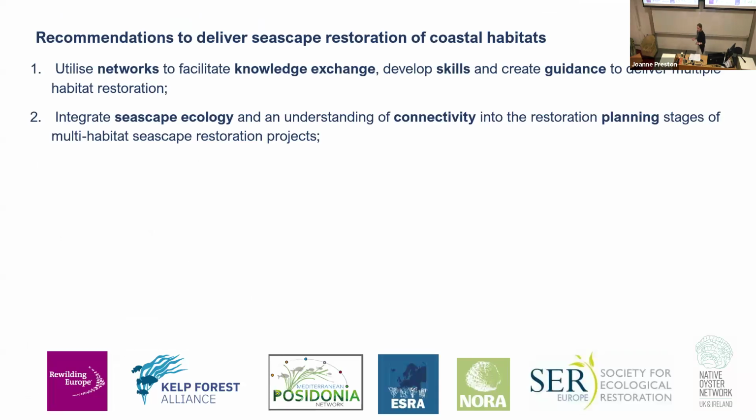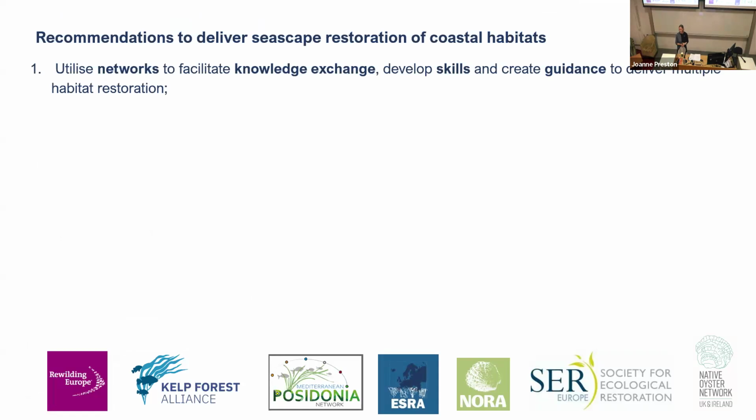So then, what does this mean in practicality? We did a suite of 7 recommendations to help deliver seascape restoration of coastal habitats. Because what I would say is, it's really hard. You need experts in different habitats. You need multidisciplinary collaborations. We need huge amounts of innovation. We need a change in ambition.